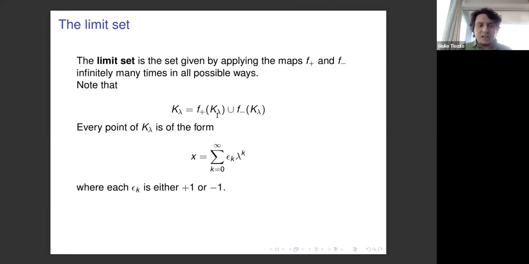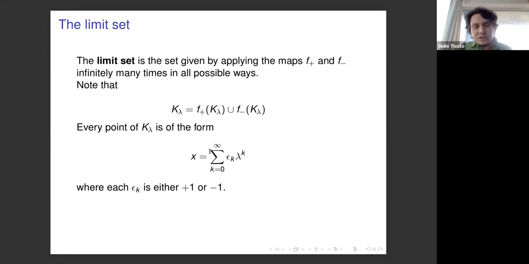And also an interesting observation that comes out of applying this map over and over is that a point in this limit set can actually be represented in the following form. The epsilon k's are coefficients which could be +1 or -1, depending on which sequence of maps you're choosing.